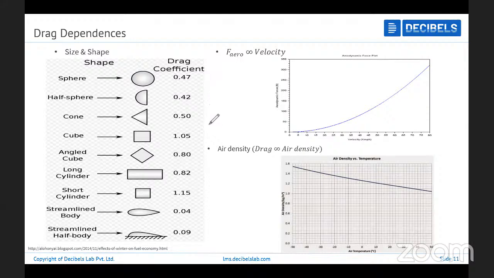And even the surface of your vehicle matters. The smoother your vehicle surface, the lower the drag coefficient, because if the surface is not clean, it will again affect the air motion, sorry, the air resistance. So that also matters in how we design the structure.